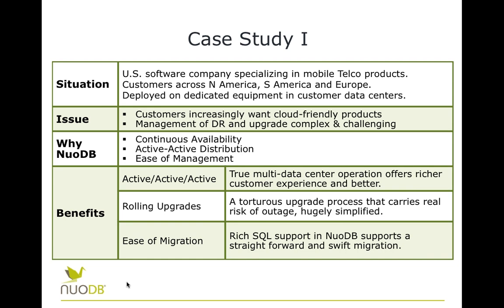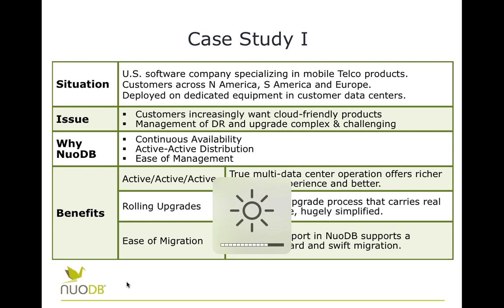So let's look at a couple of things I can talk about. Our first case study is a customer who is a US software company. They deploy a very successful product on dedicated equipment in the providers' data centers, those central national data centers. But they have a couple of problems with that.